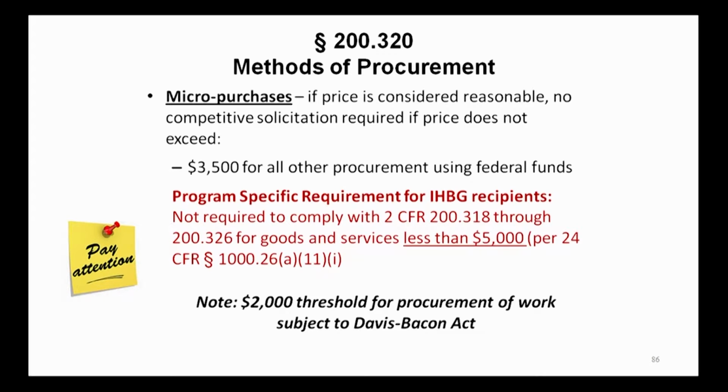And I think that's in recognition that it takes time and money to go through a more elaborate procurement process. And for small purchases, it's a cost-saving measure that we can use micro-purchase simplified measures.